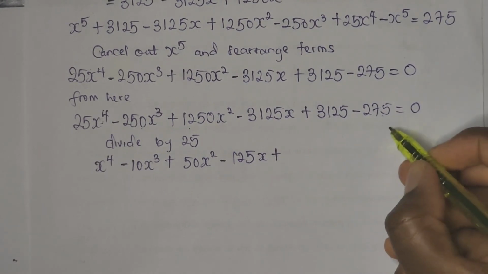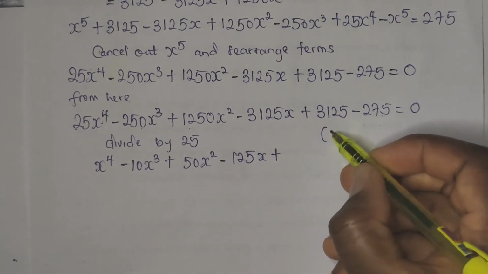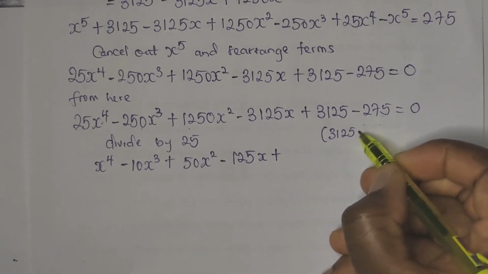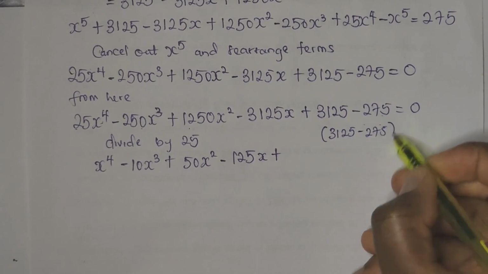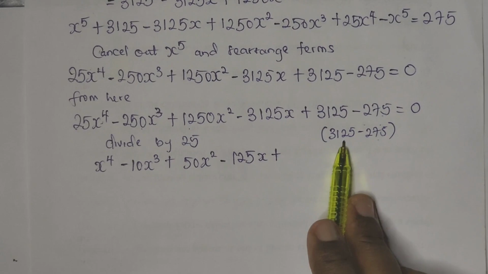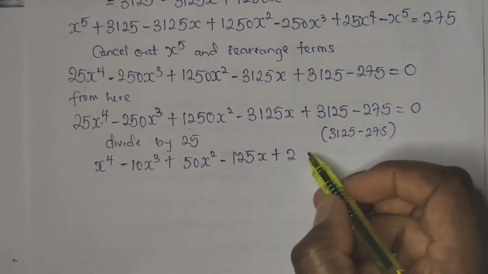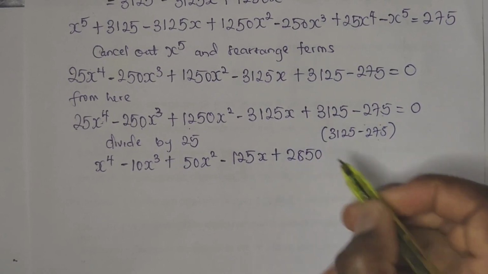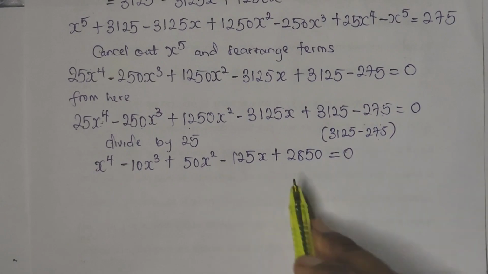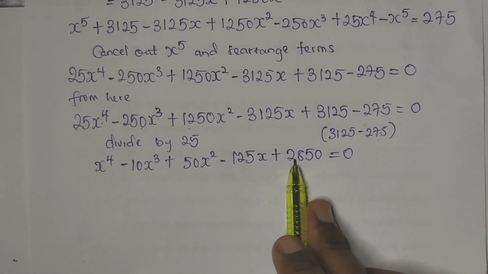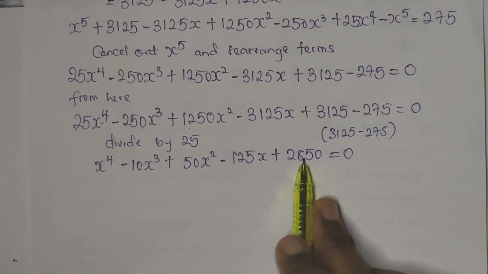This will give us 2850 equal to 0. So we'll still divide this by 25.